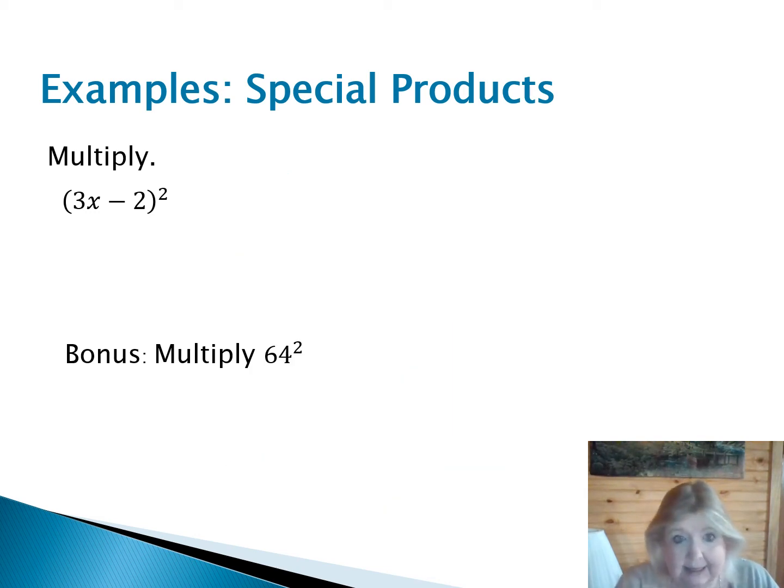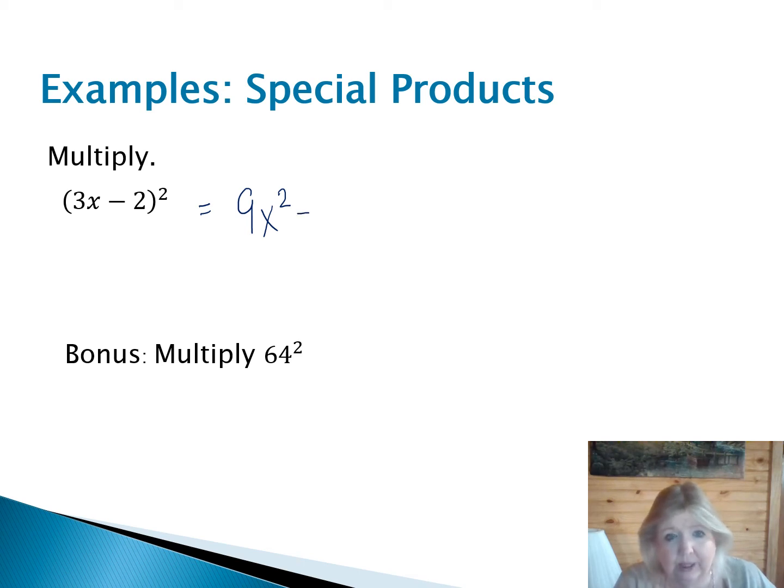And lastly, let's look at a difference to be squared. Again, I'm not going to write it out this time. If you need to write it out, write it out. But front guy, 3x is going to get squared. 3x times 3x is 9x squared. Double the front times the back. So that's a minus sign.